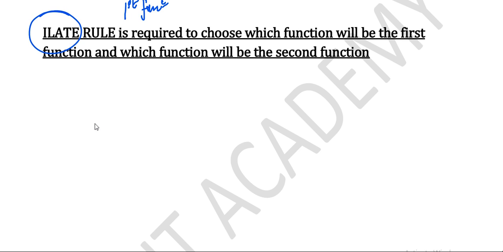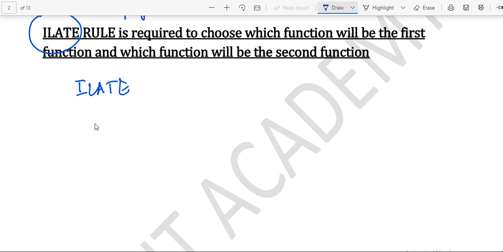For that, we have to use the ILATE rule, in order to choose which one will be the first and which one will be the second. So let's discuss the ILATE rule.